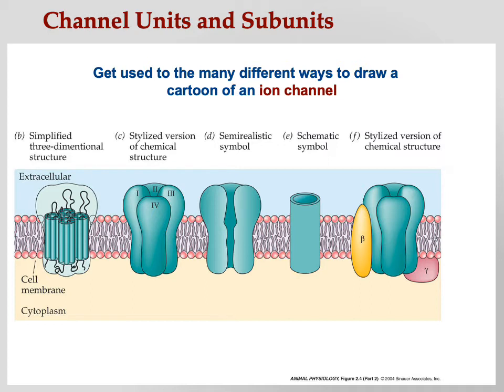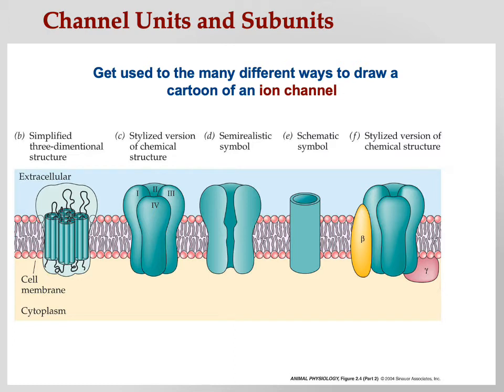Amino acids, you have the amino group on the head, the carboxylic acid on the tail, and then remember, proteins have a primary structure, a secondary, a tertiary, a quaternary. Proteins fold up in 3 dimensions. So here on the far left, you're seeing that it's really just one long amino acid chain, but it has folded up to create these subunits that form an actual opening through the membrane.